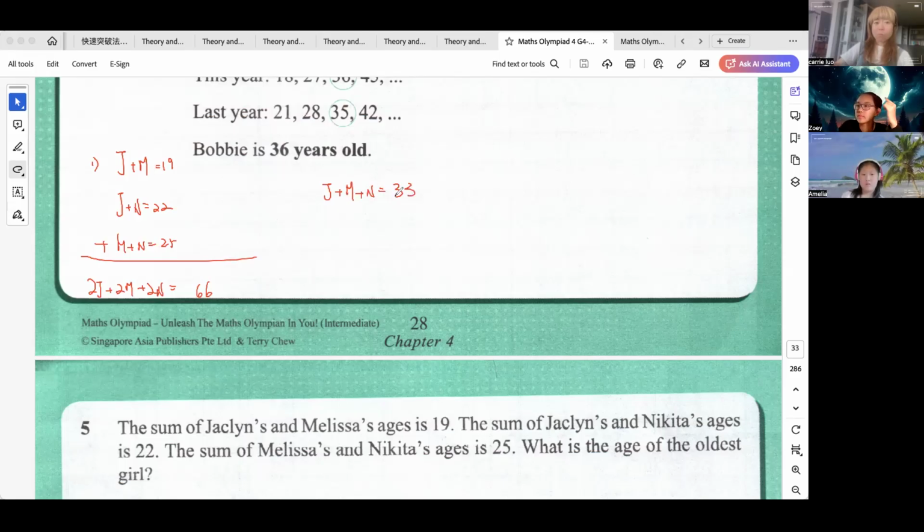So we use 33 minus J plus M, we get N. We use this one minus this one, M equals 11. And we use this one minus this one, J equals 8. You can check if these three added together equal 33 or not. You can see J plus M equals 19, J plus N equals 22, and M plus N equals 25. And you get the right answer. Get it, Amelia?